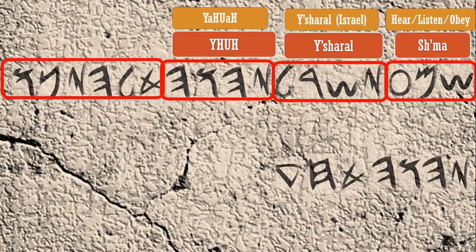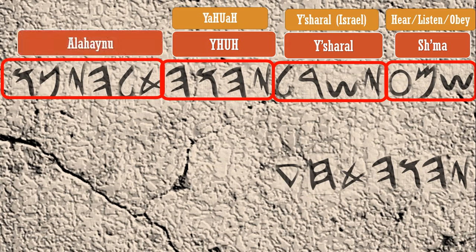Eloheinu. And that's the Aleph, Lamad, Hai, Yad, Nun, U. Eloheinu. YaHUaH, Eloheinu. And in English, that means our mighty one.